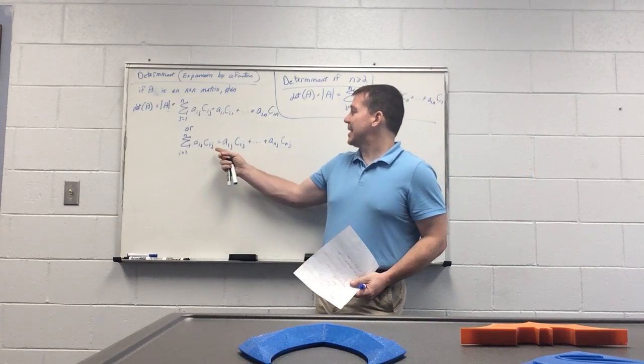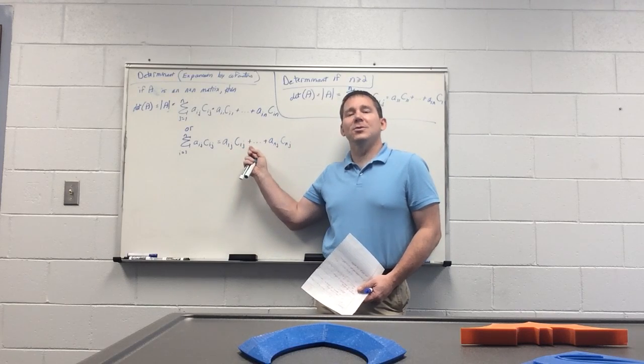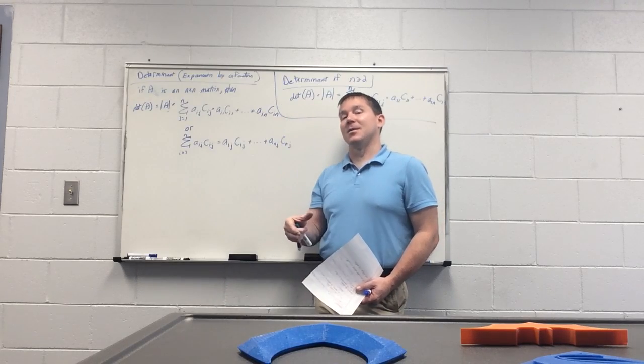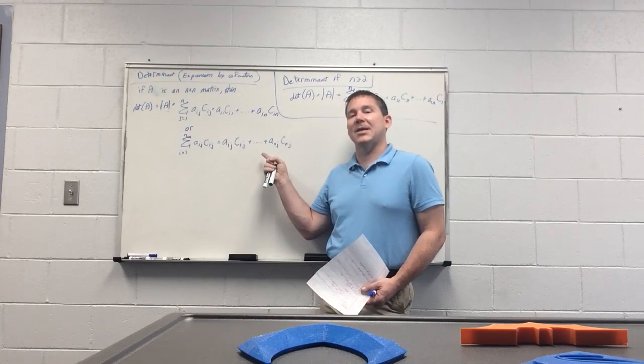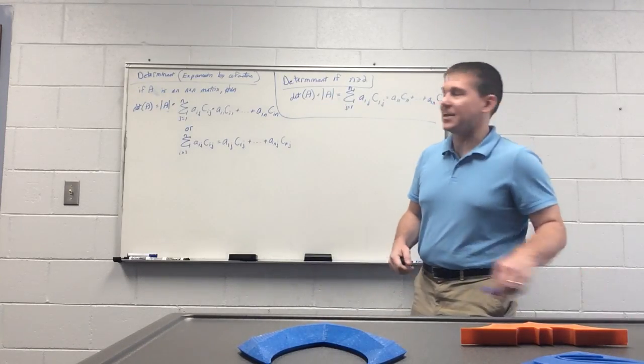And now here again, this j is the column that I choose, first column, second column, third column, and then I expand along that column as I go from first row, second row, third row, all the way up to the nth row, etc. So I can pick any row or any column that I want.